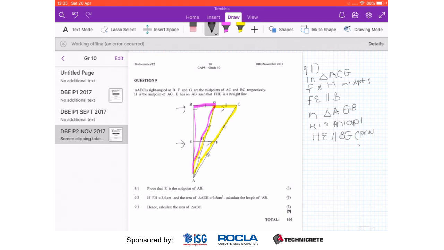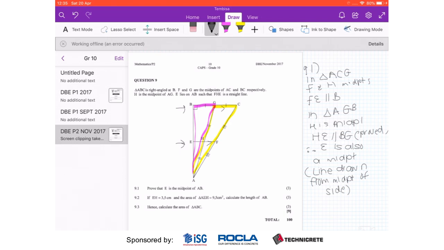We've already proved that those two lines are parallel. Therefore, E is also a midpoint. And the reason is because of the line drawn from the midpoint of the side.